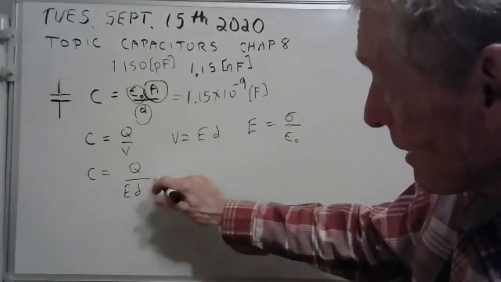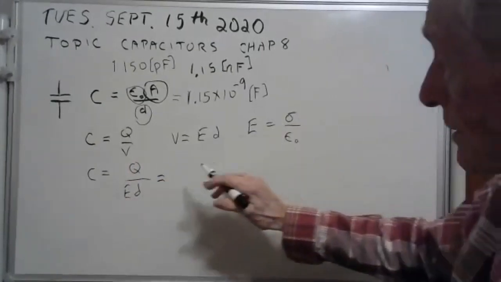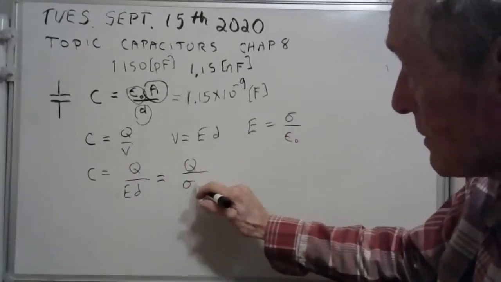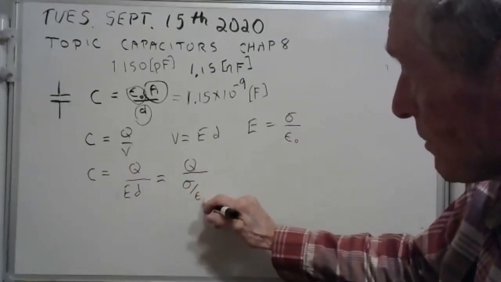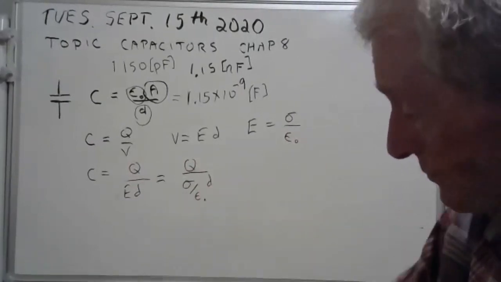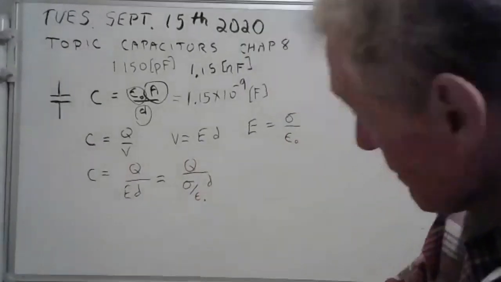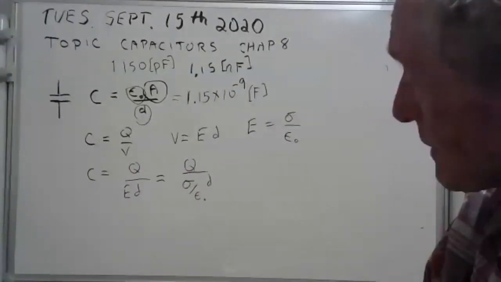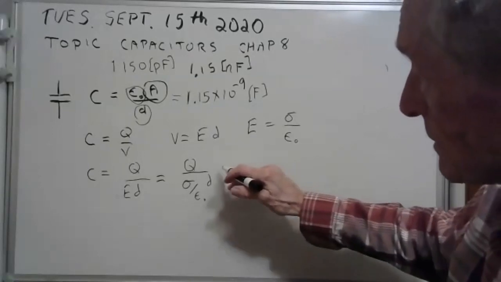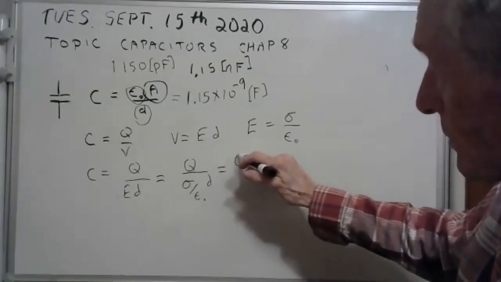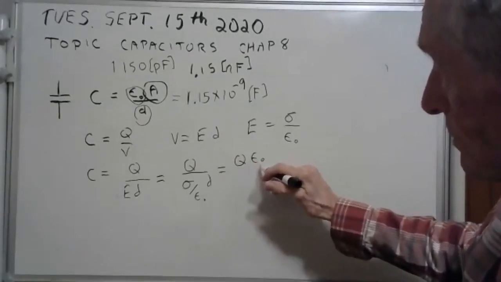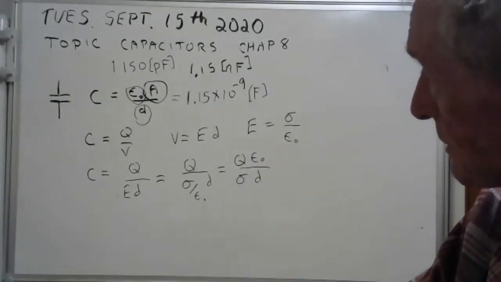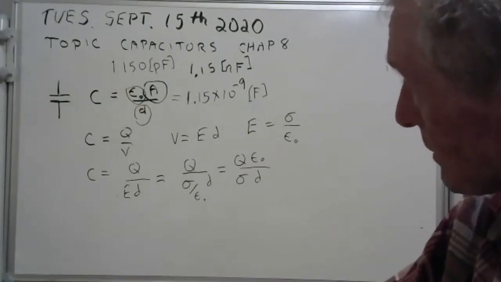And now that E, I'm going to substitute this here for that E. So you have Q over sigma over epsilon zero D. Okay, we're coming right along now. And so you got Q epsilon zero over sigma D. We're getting closer, aren't we?